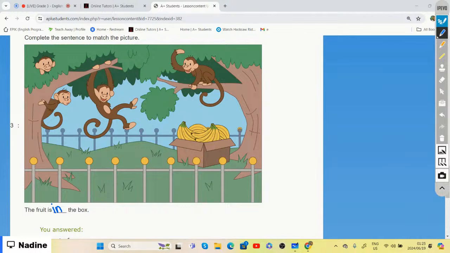Look at the monkeys. Where do you think the monkeys are? What are the monkeys doing?